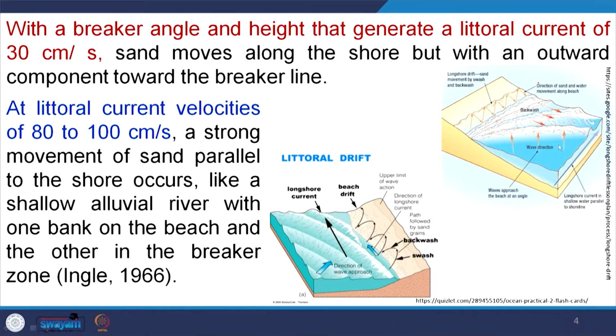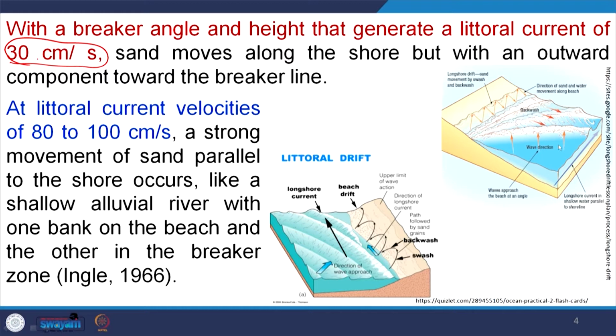With a breaker angle and height that generate a littoral current of 30 centimeter per second, sand moves along the shore, but with an outward component towards the breaker line. Here, suppose a breaker angle and height generate a littoral current of 30 centimeter per second; that means it is a slow littoral current.